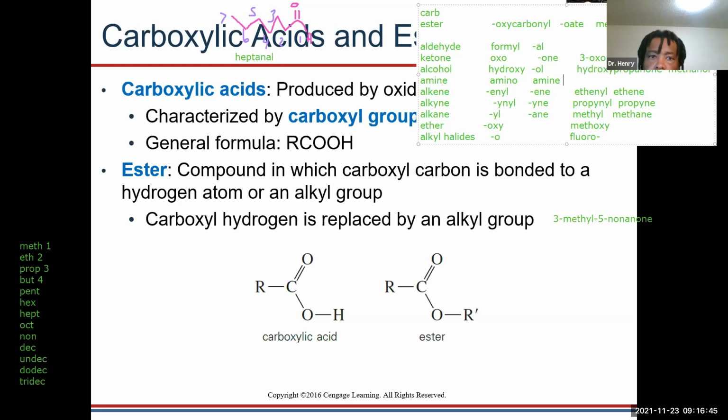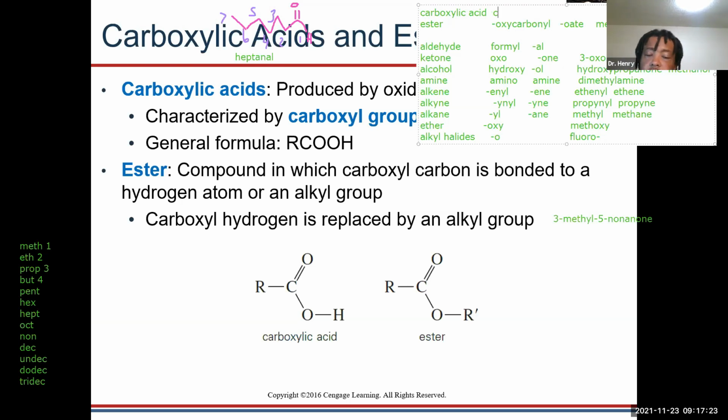And we'll talk about those in a minute. Carboxylic acid has the highest priority, so we don't have to worry about that.